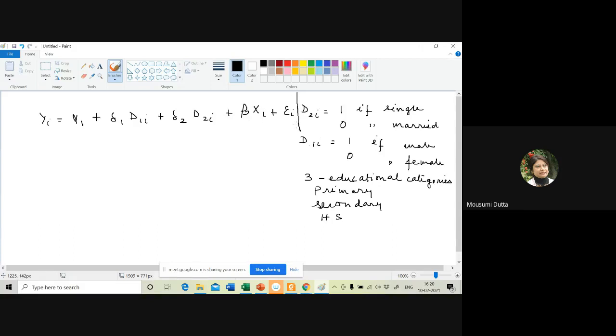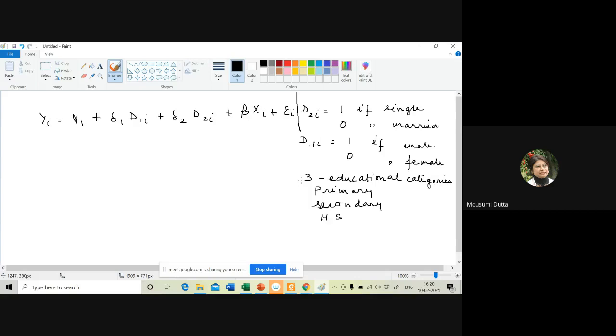So this is the idea. Beta will remain unaltered across different groups. So rewrite the equation and tell me how you accommodate these three educational categories using binary dummies.